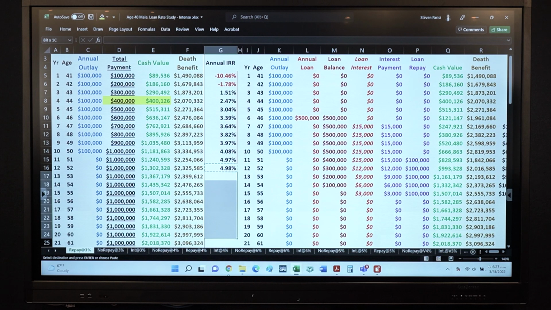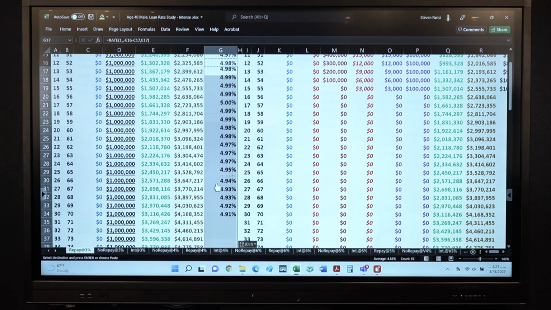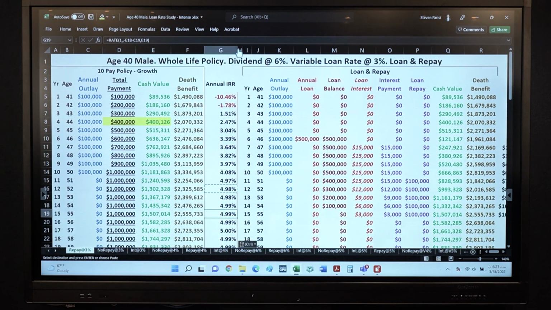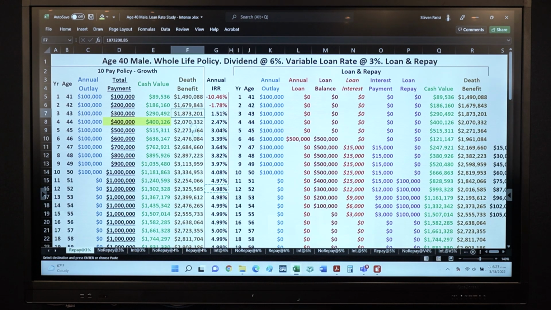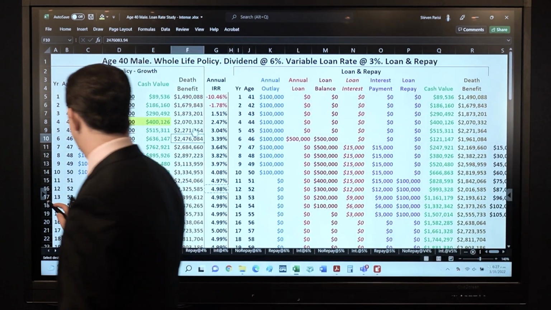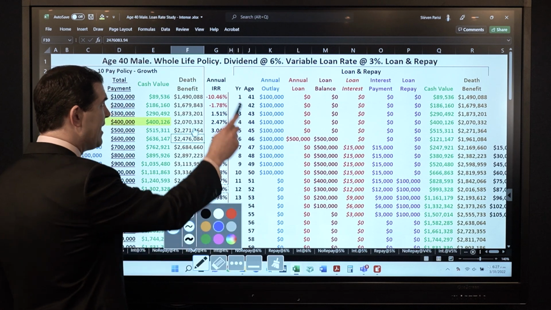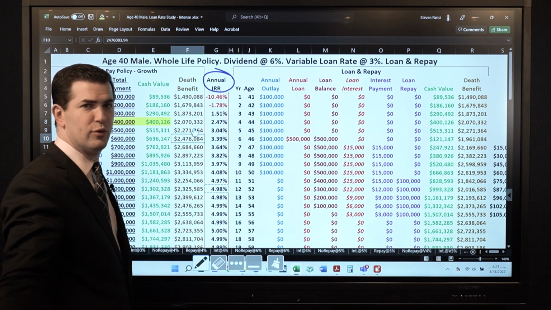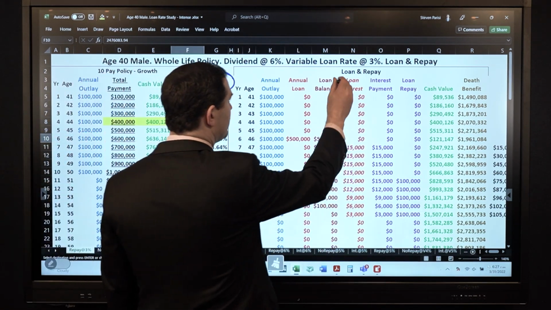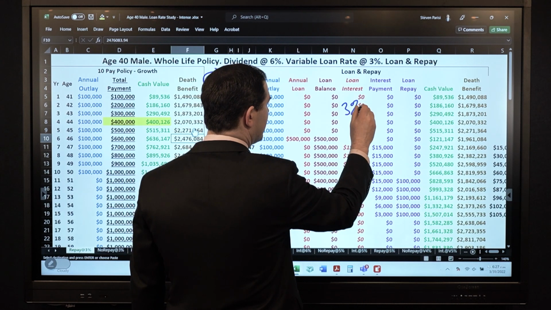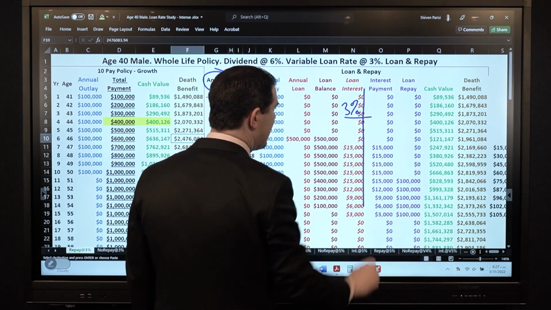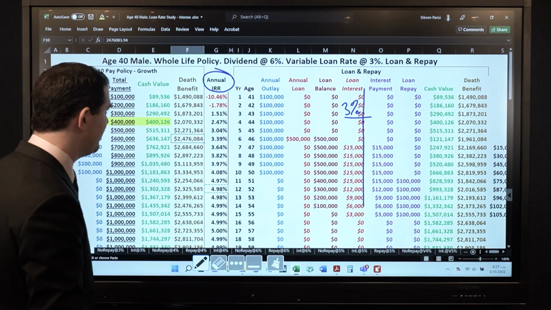So the annual IRR, we can do real quick here. The average I've got to pull from the software. But a lot of people are interested in this right here. What's my annual internal rate of return and average? What's the net growth rate, more than anything else, compared to the net cost to borrow? If it's 3%, and it's 3% constant here, we would measure this each year if it's variable.